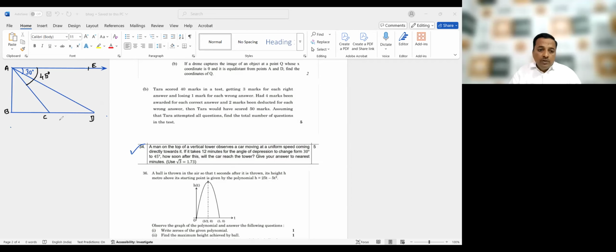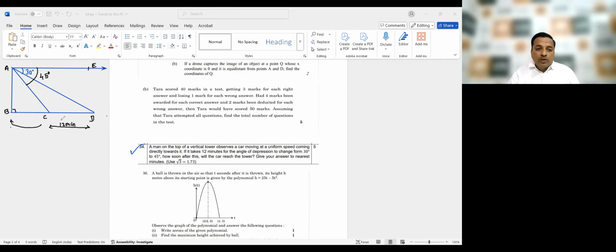After 12 minutes, this timing from C to D becomes the 12 minutes. And we have to find how much time it will take to reach B, means from C to B. We don't know, nothing else is given.